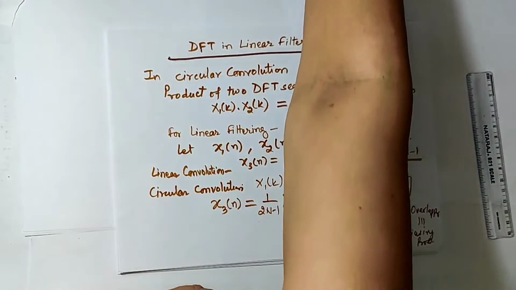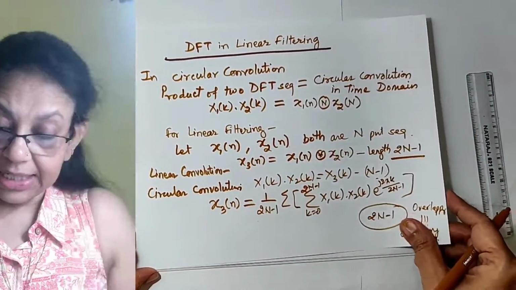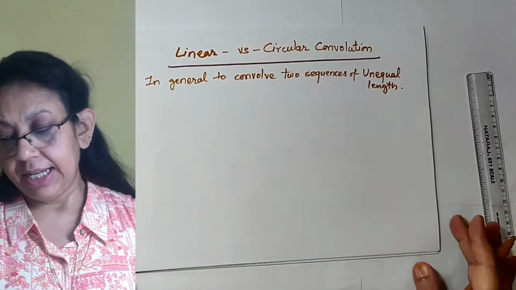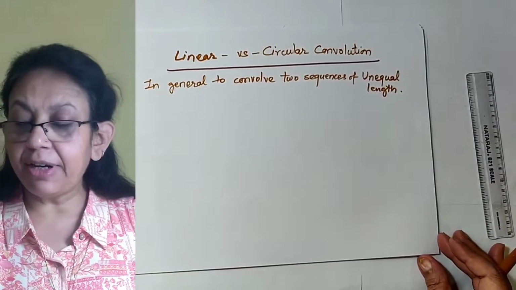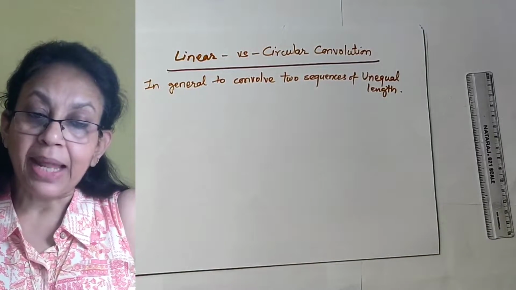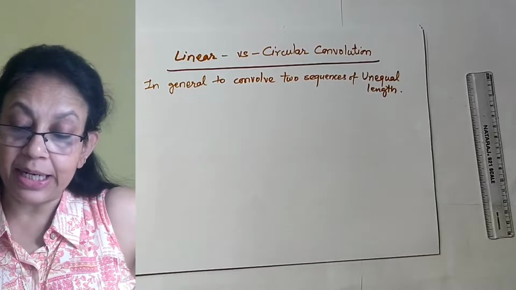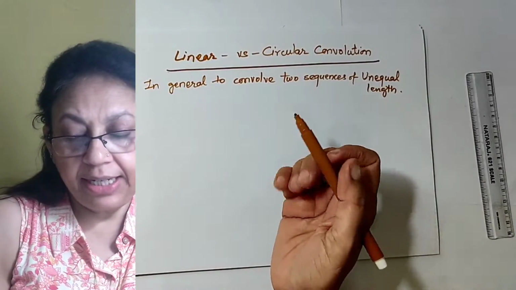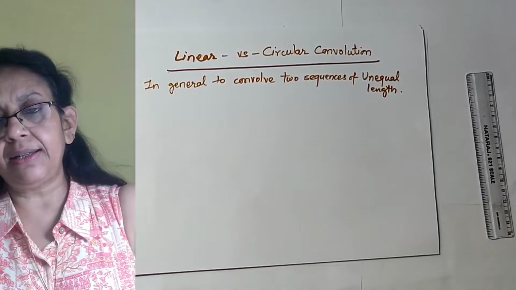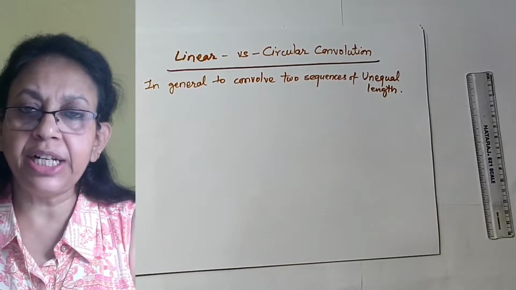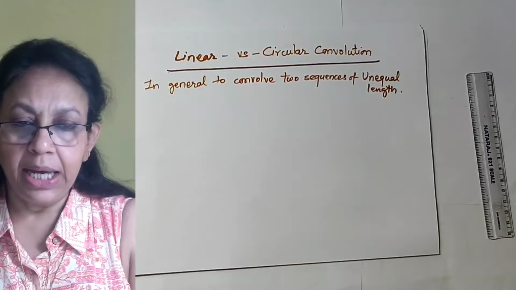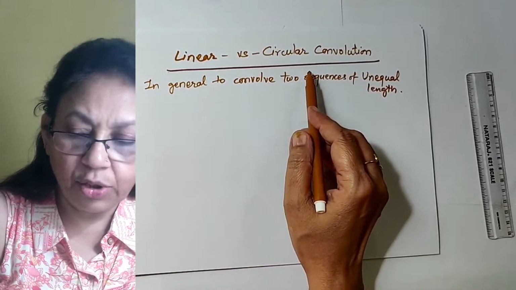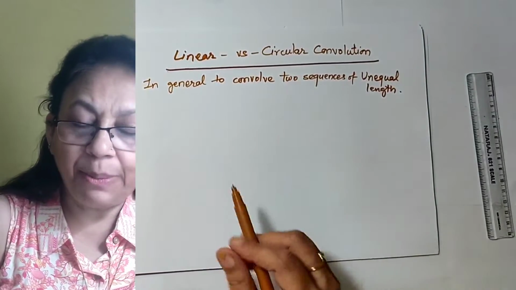So how do we manage this linear versus circular convolution, especially when linear filtering is one kind of system and we are processing in the frequency domain and using circular convolution? This is a very important question to be asked when we discuss circular convolution in any syllabus or curriculum, and usually for undergraduate students, this linear versus circular convolution is a common question.